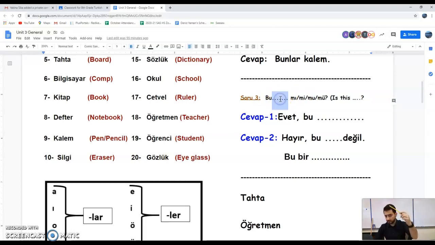Then what was the word pen? It was kalem, right? So you say bu kalem, and then mi. If I'm pointing at a pencil and say is this a pen, which means bu bir kalem mi, then you say evet, yes. Evet, bu bir kalem.